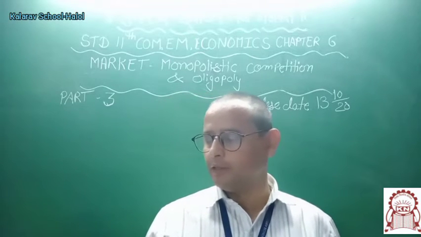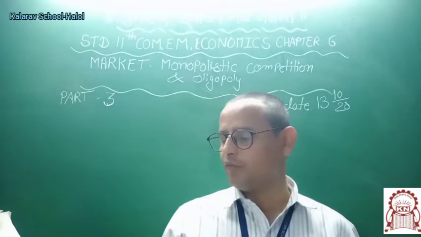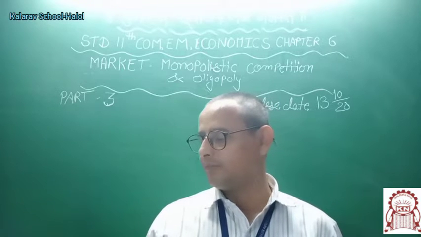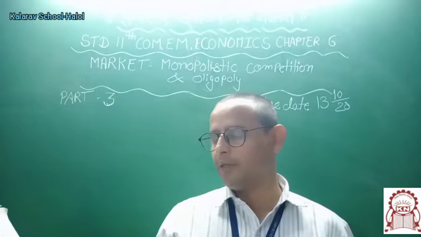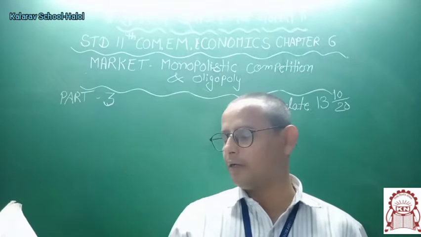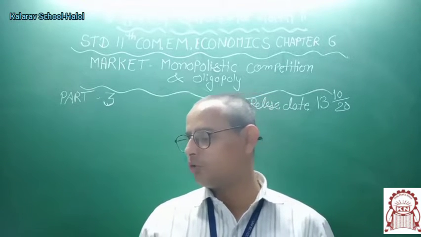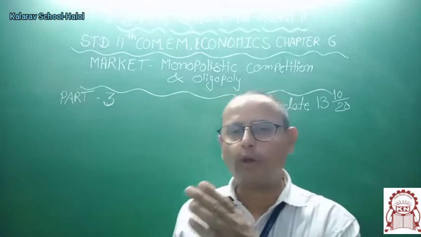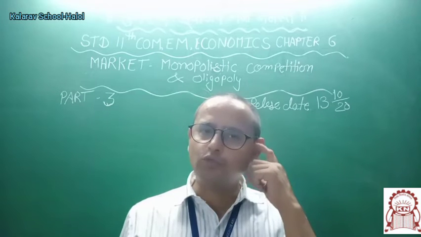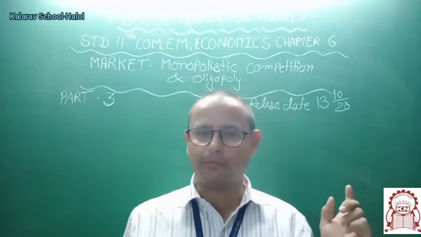In monopoly, there is only one seller, while in monopolistic competition, there are many sellers. It remains there are neither numerous sellers nor there is only one seller. Okay. In monopoly, there is one seller and many buyers.